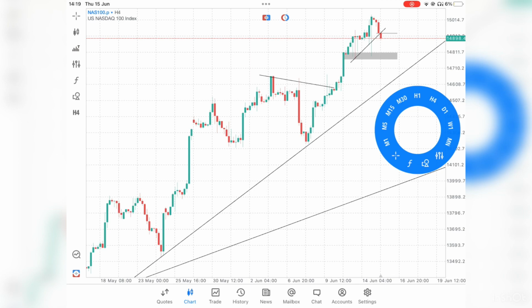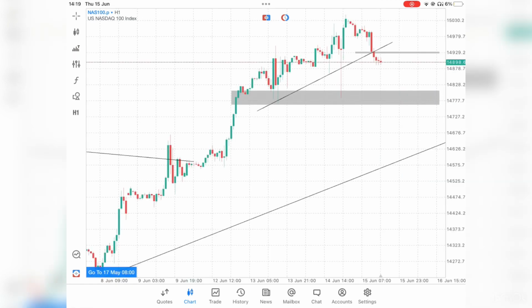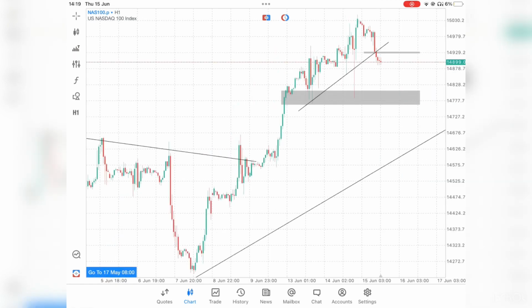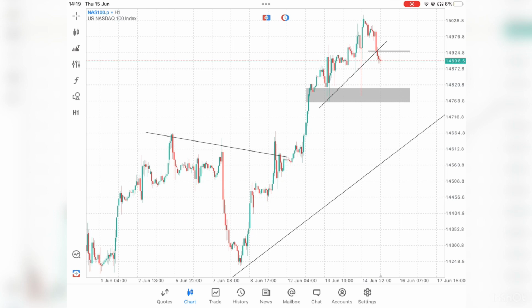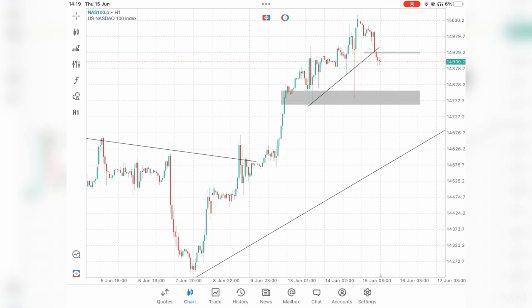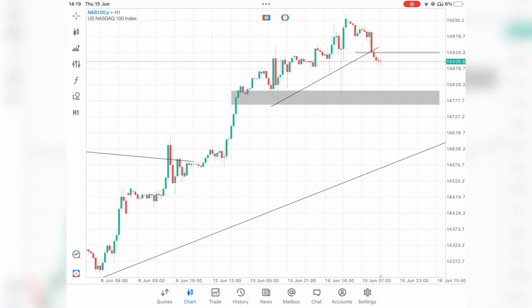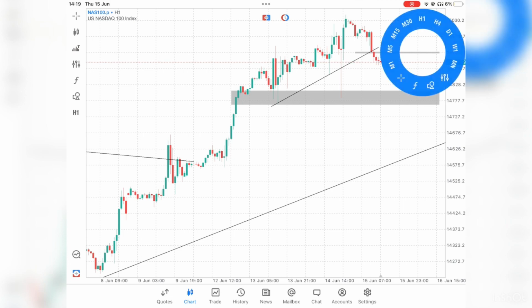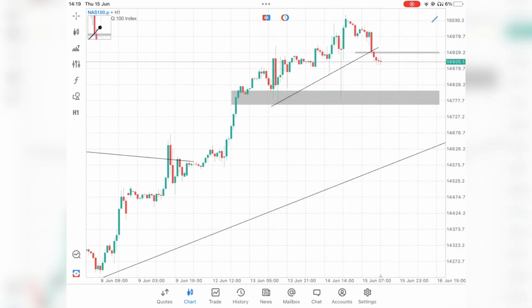So it's very important to identify the difference between short-term trades and long-term trades. Obviously our long-term bias is in the uptrend, meaning that we are looking for buys in the long term. But in the short term, you can sometimes find opportunities that are going in the opposite direction.